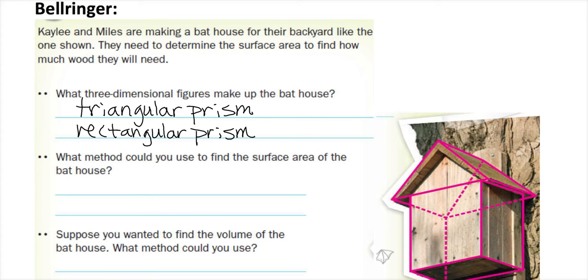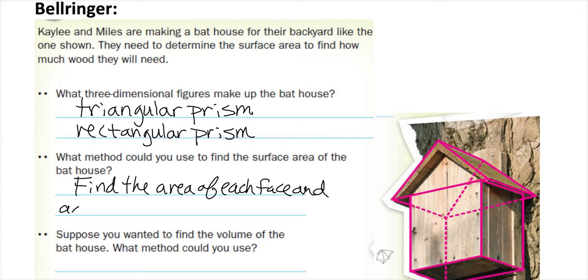What method could you use to find the surface area of the bat house? So we could find the area of each face and add. Okay, then subtract the faces that overlap.